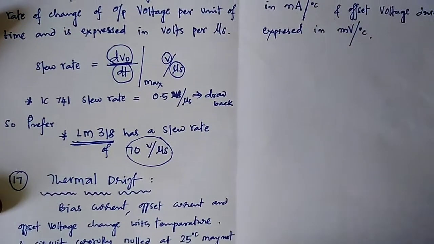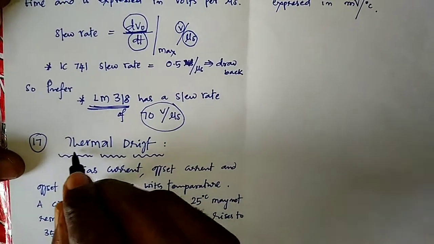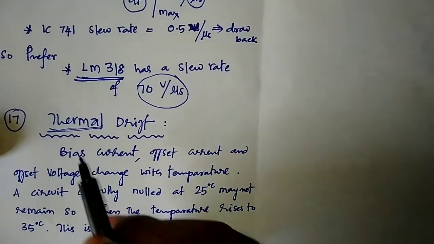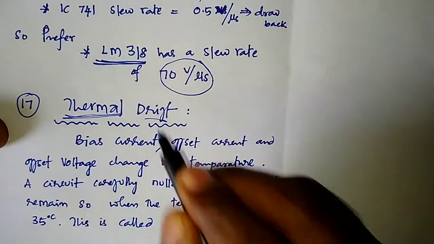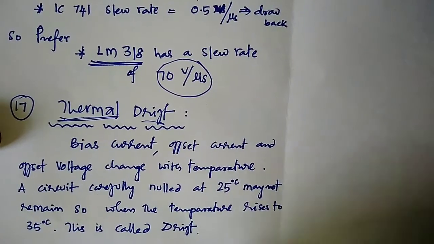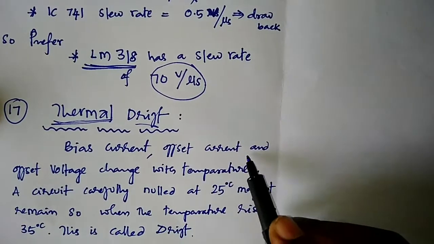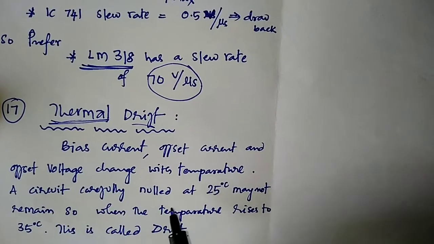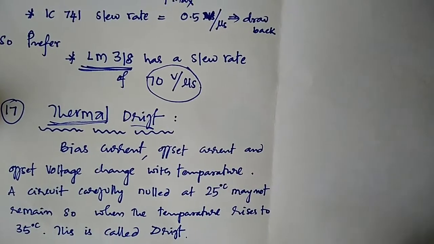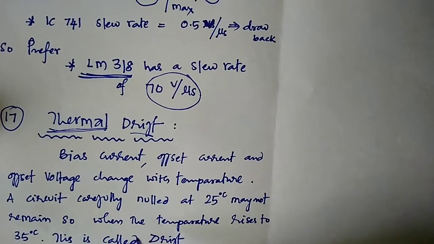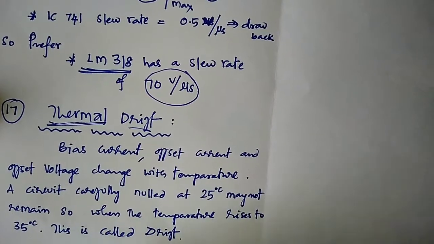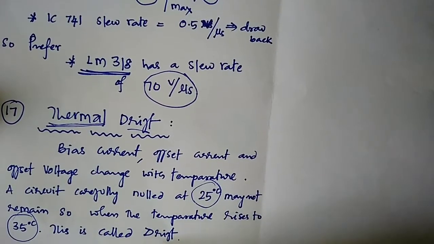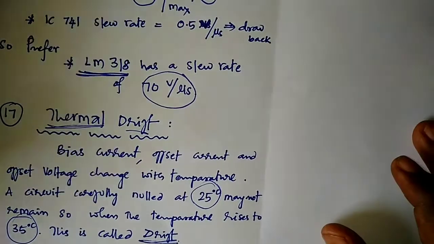Next, the 17th parameter is thermal drift. Bias current, offset current and offset voltage change with temperature. A circuit carefully nulled at 25 degrees Celsius may not remain so when the temperature rises to 35 degrees. That change with temperature is called drift.